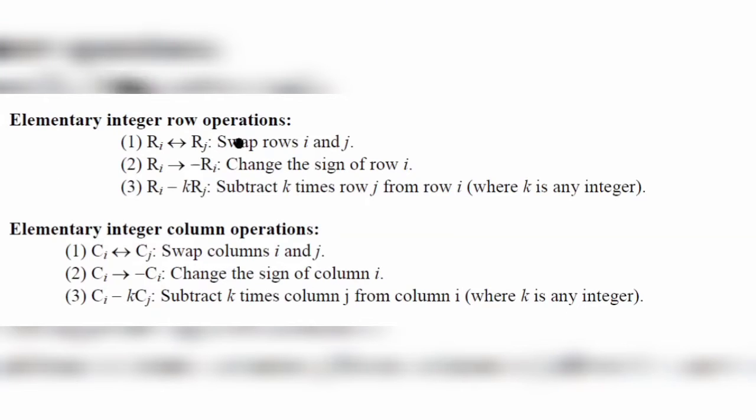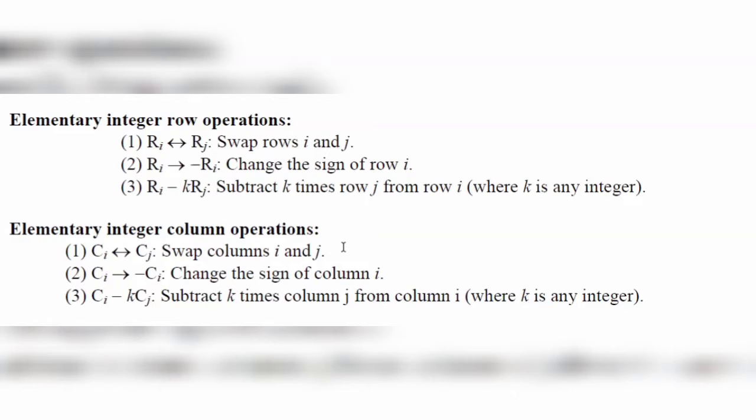Here are the elementary integer row operations and elementary column operations. What they basically are: we represent an abelian group given in terms of finitely many generators and relations by a matrix, and we use elementary row and column operations to simplify it.